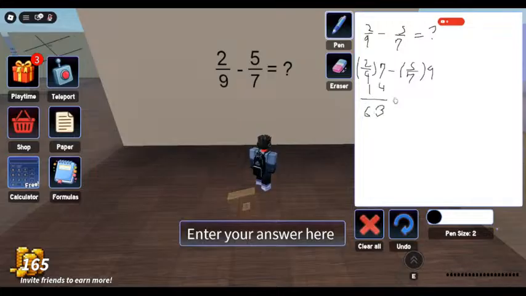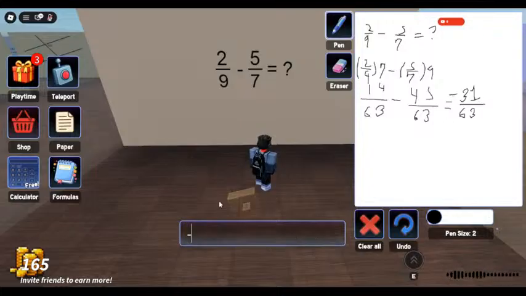Then we have 14 at the top, minus 9 times 5 is 45, and 9 times 7 is 63. Then we keep the bottom 63, and then we minus the top. So 14 minus 45, it's 41, 41 minus 10 is 31. There we go. And also negative, don't forget the negative. So then the answer is negative 31 all over 63.